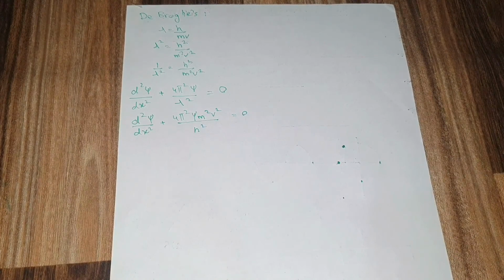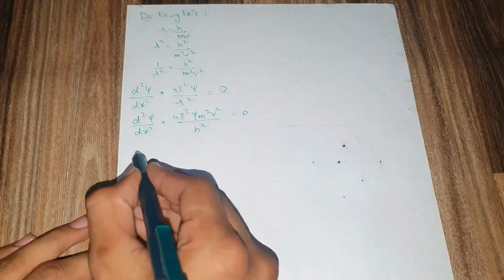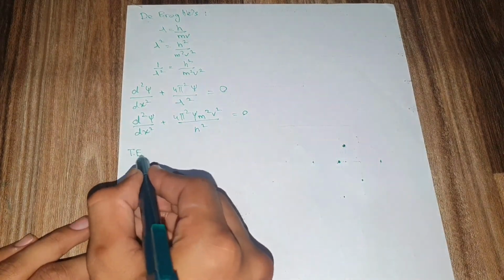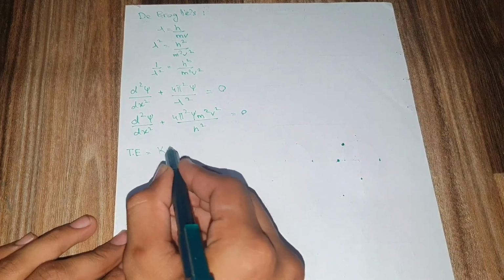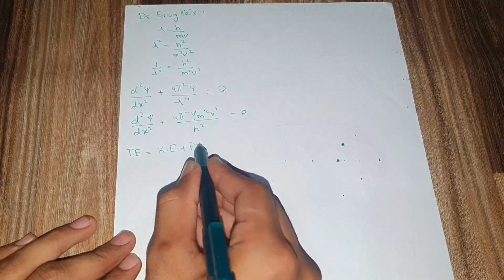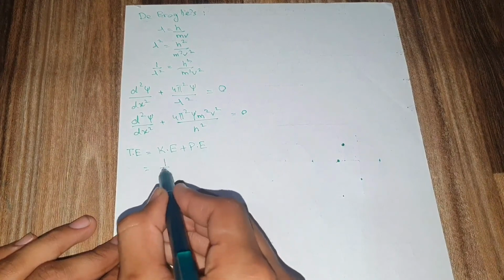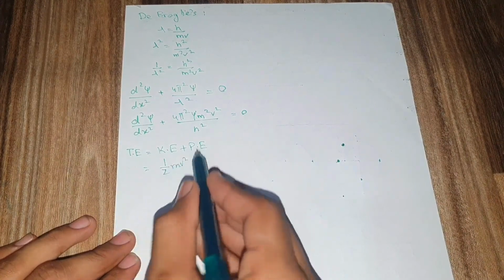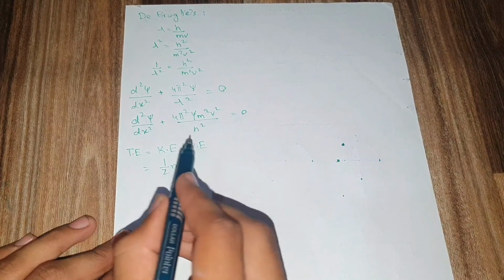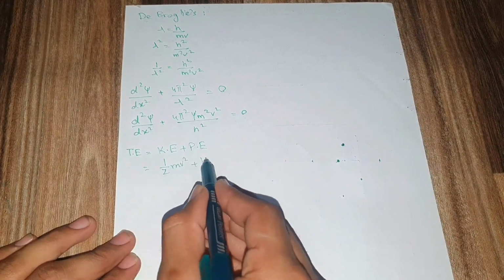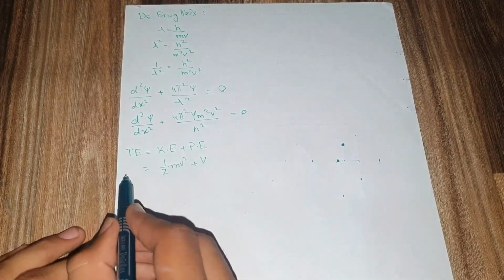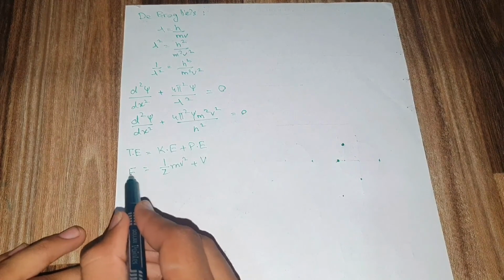And moving on, do you know what the total energy is? The total energy of a particle is equal to its kinetic energy plus the potential energy. Okay, so you know that the kinetic energy has a value half mv square, and if I represent potential energy with v, it will become plus v, and I have represented total energy with e.